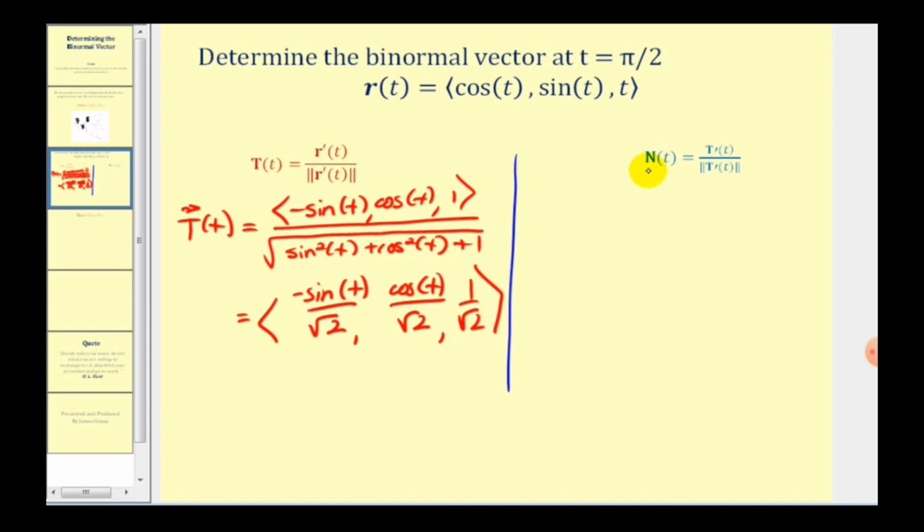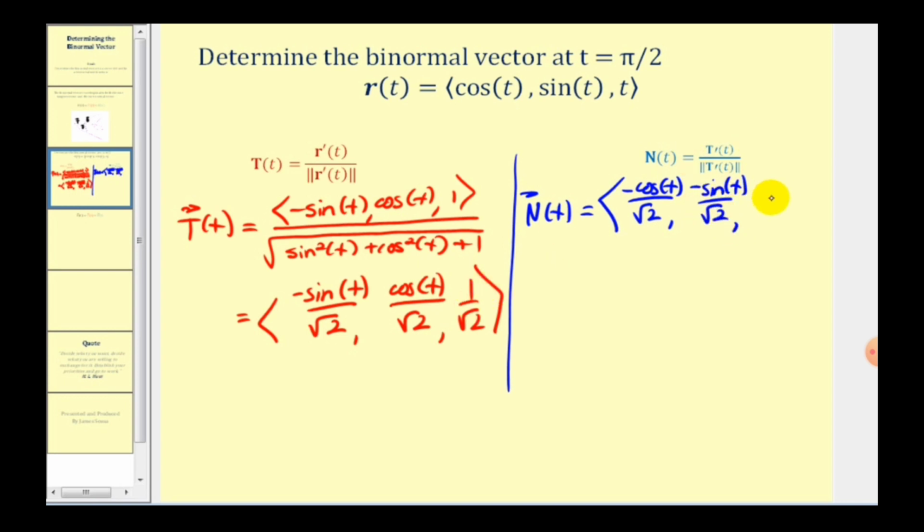Now let's go ahead and see if we can determine the unit normal vector valued function. So we have to find the derivative of this and then divide by the magnitude. So we're going to have negative cosine t divided by square root of 2. Then we're going to have negative sine t divided by the square root of 2.